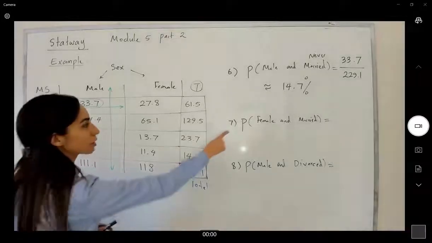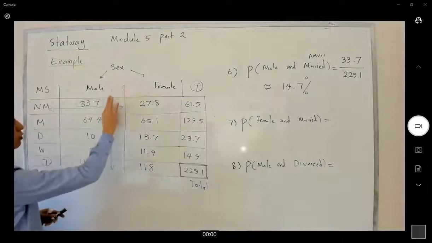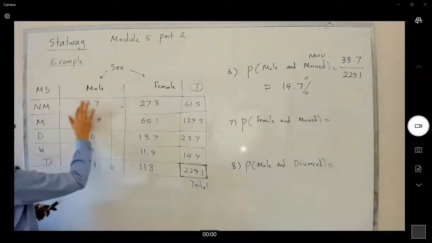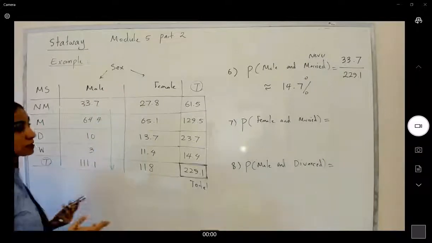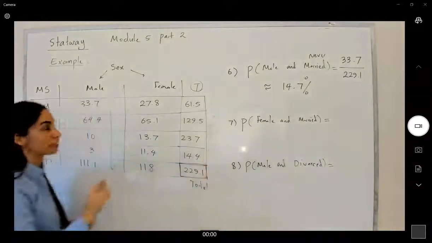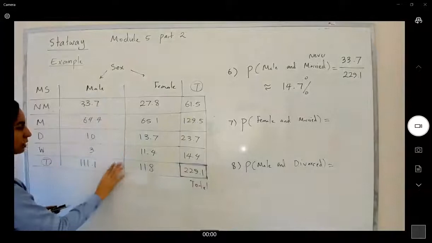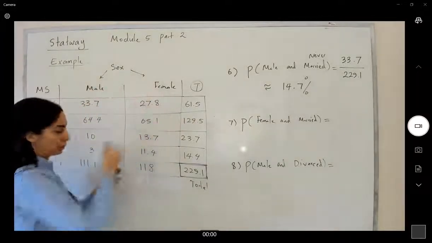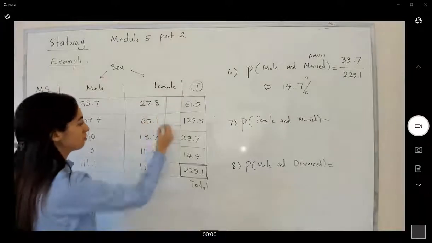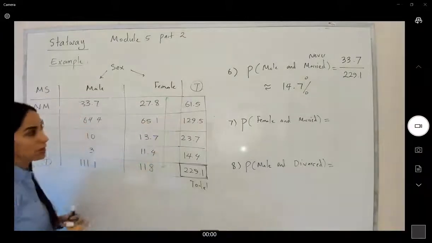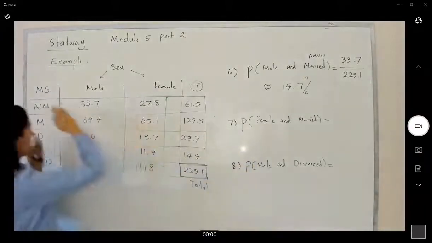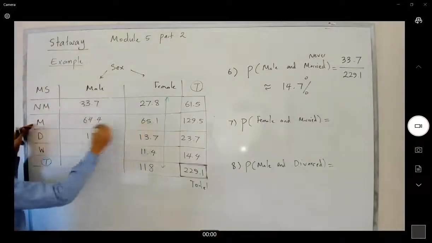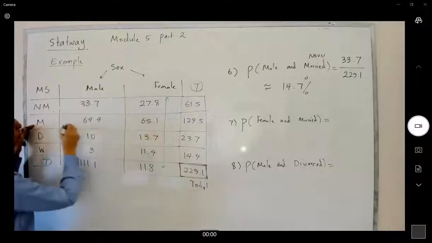Perfect. So let's move on to question 7. Now question 7 is asking, what is the probability that your randomly selected person is female and is married? So we're not working with this column anymore. We're working with the female column. So look at this female column, and married means that you're looking at the category or row related to married.